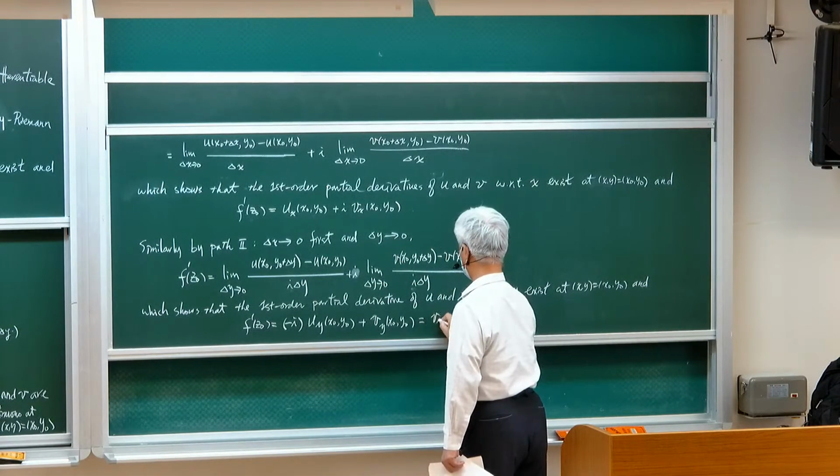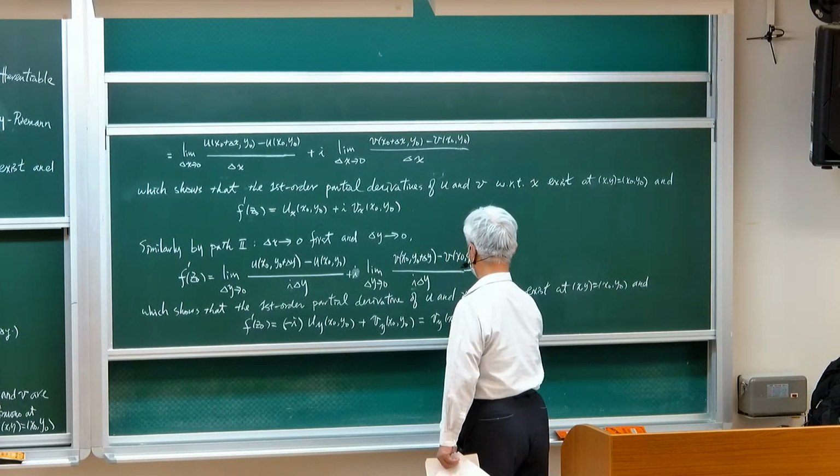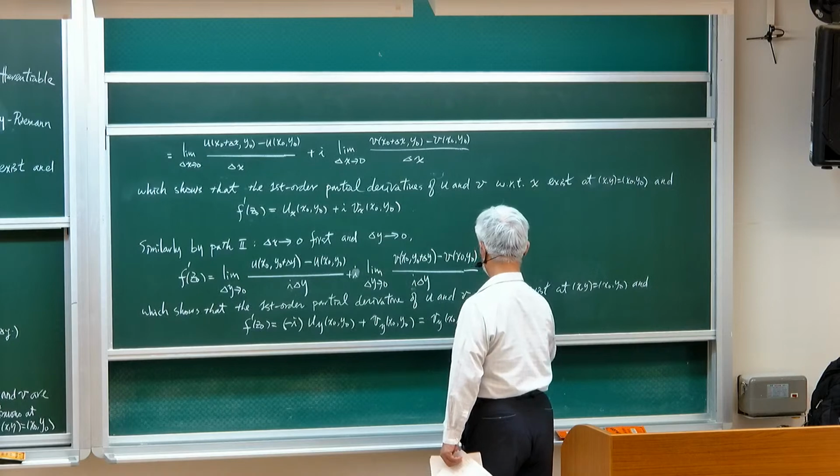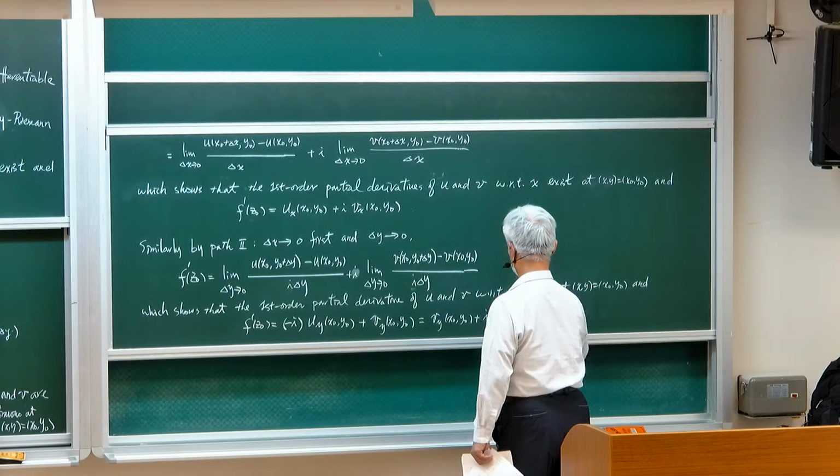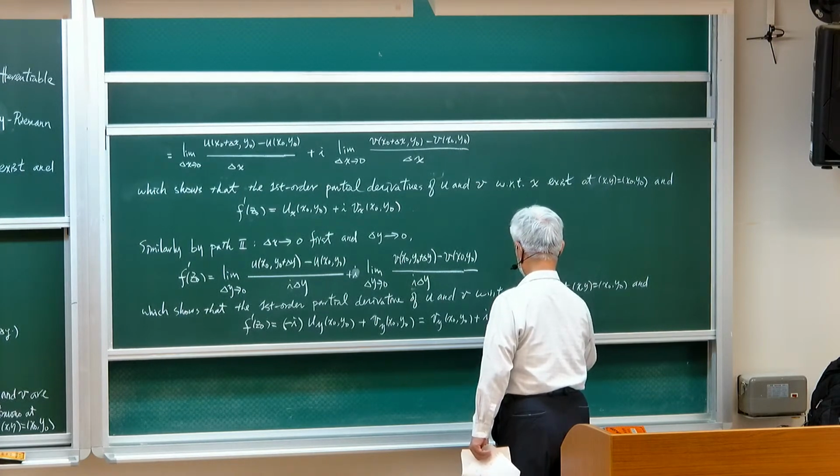So now we have v_y(x0, y0) plus i times minus u_y(x0, y0).